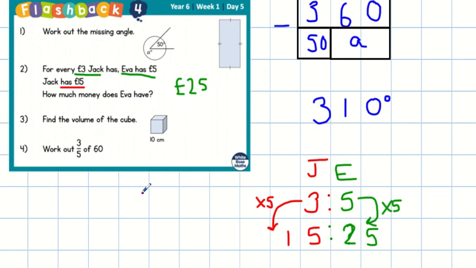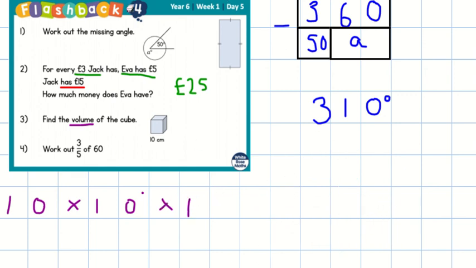Let's have a look at question number 3 then. Question number 3 is asking us to find the volume of the cube. Now I know to find the volume, you'll need to times 10 by itself 3 times. 10 times 10 times 10. Do you have a strategy for solving this calculation?